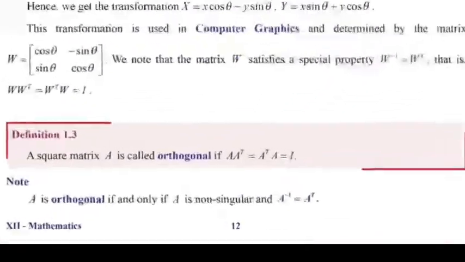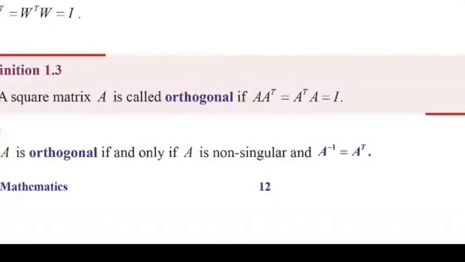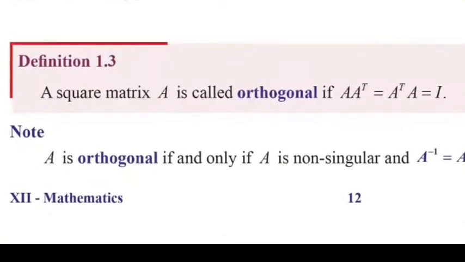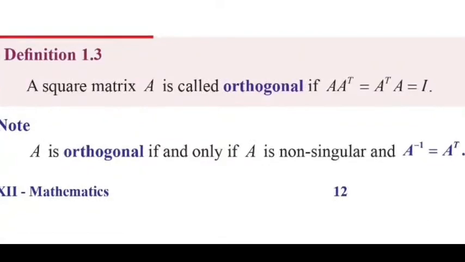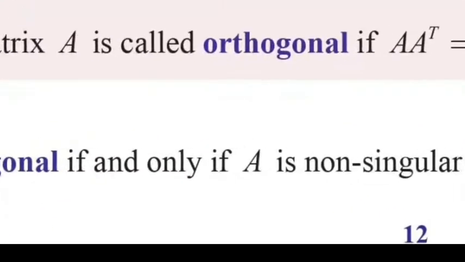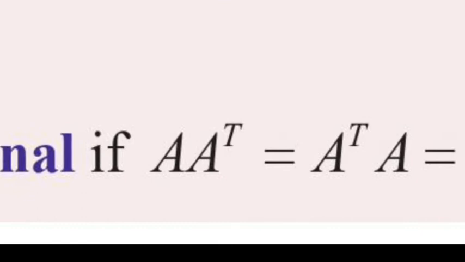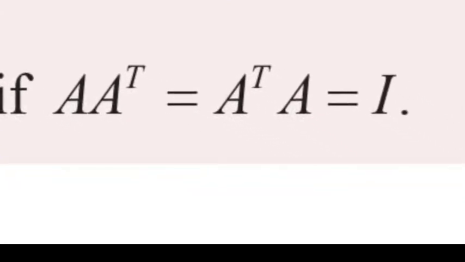Orthogonal means a square matrix A is called orthogonal if it satisfies this condition.